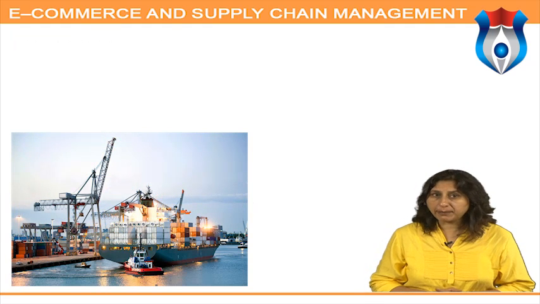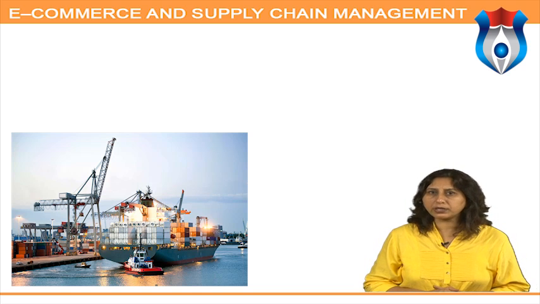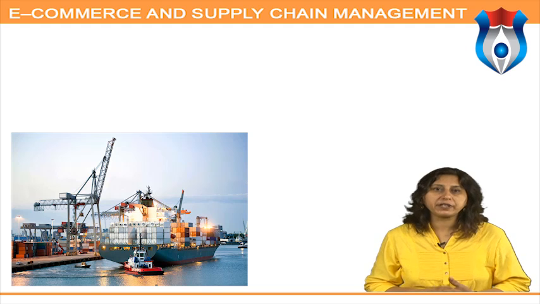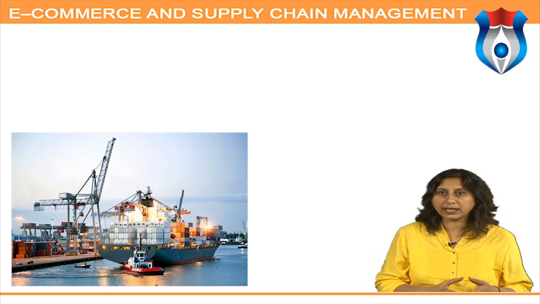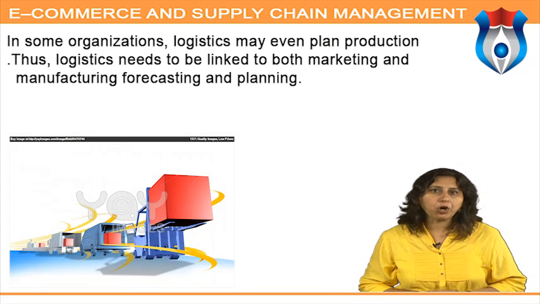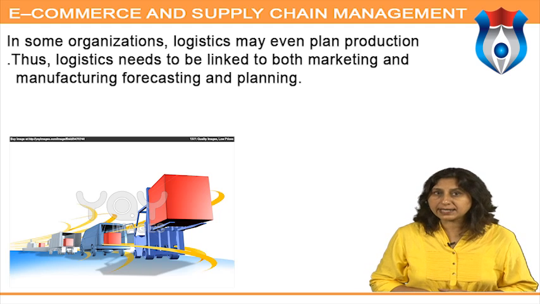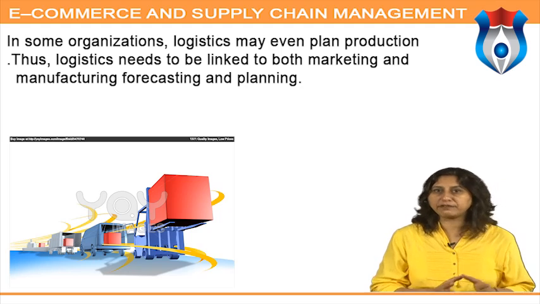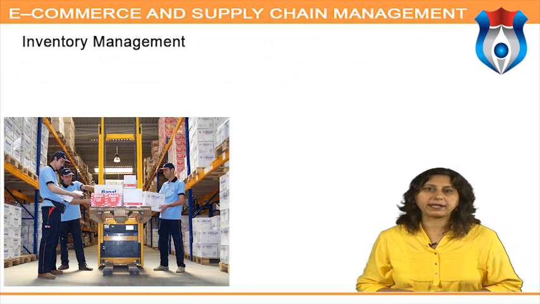Logistics usually becomes involved in forecasting in terms of how much should be ordered from its suppliers through purchasing and how much of finished product should be transported or held in each market that the organization serves. In some organizations, logistics may even plan production. Thus, logistics needs to be linked to both marketing and manufacturing forecasting and planning.